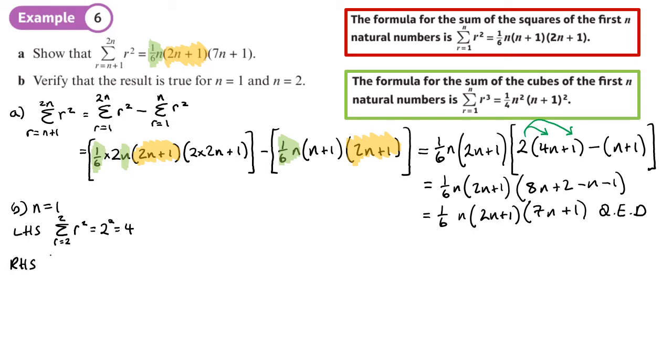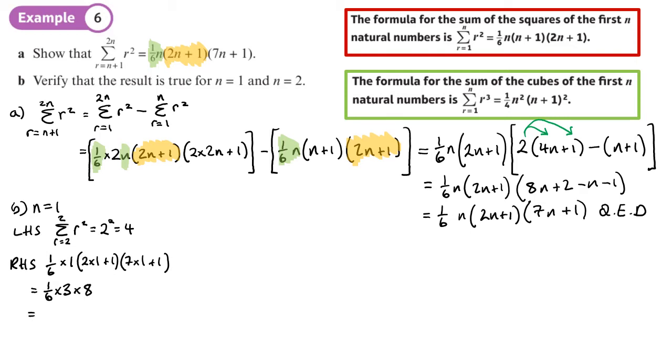On the right hand side, what I'm saying is, right, what happens when I put 1 in? So 6 times 1, and then 2 times 1 plus 1, and then 7 times 1 plus 1. Let's see if we get the same answer. So I get a 6 times, the first bracket becomes 3, and then the second bracket becomes 8.